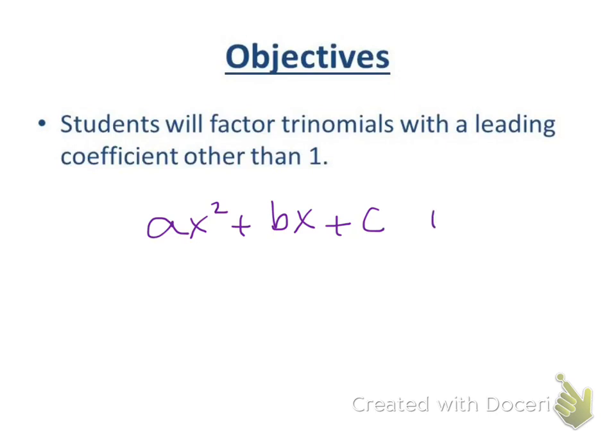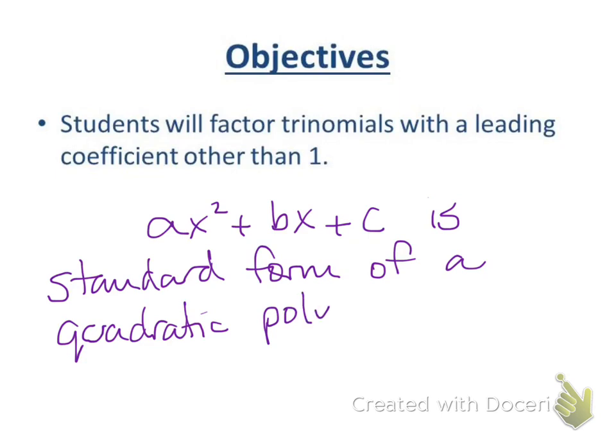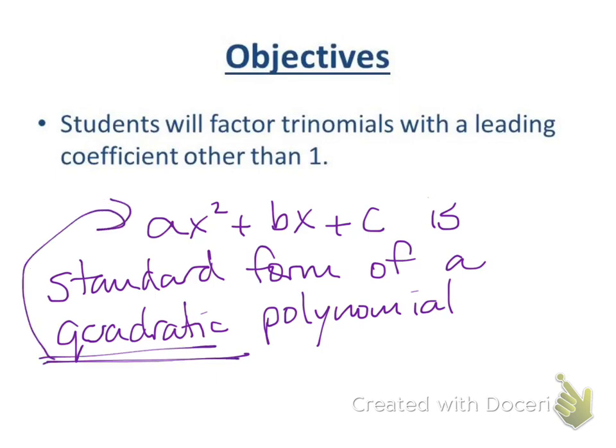Okay, this is the standard form of what we call a quadratic polynomial. This is a new definition, right? Quadratic polynomial is ax squared plus bx plus c.